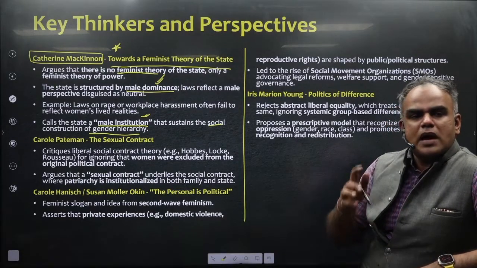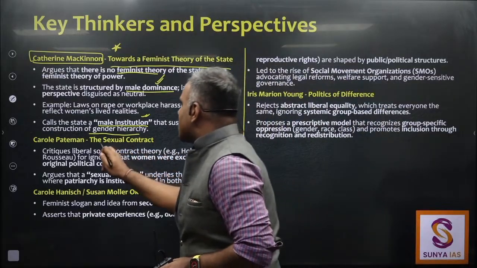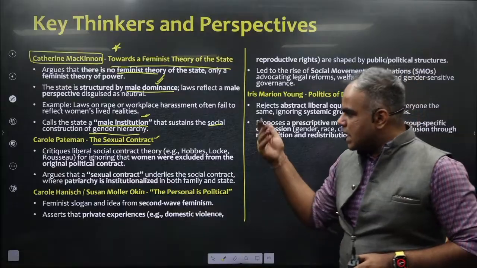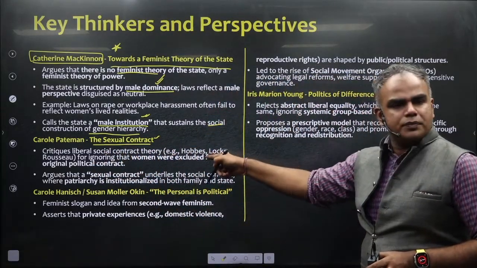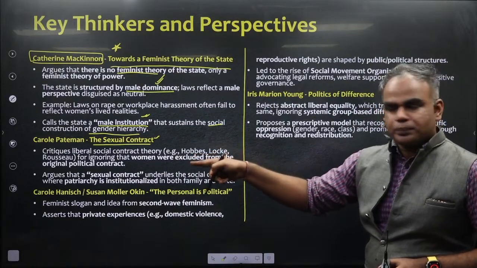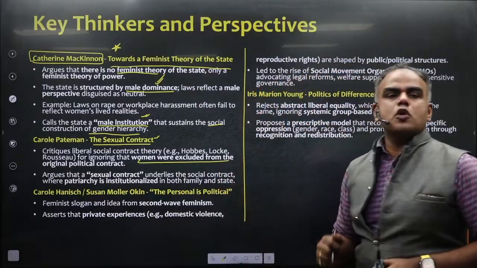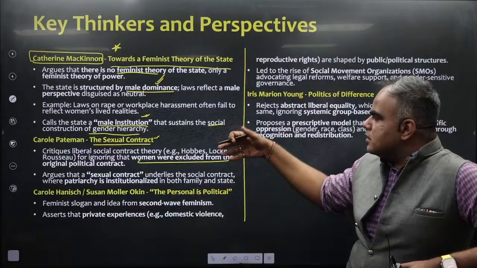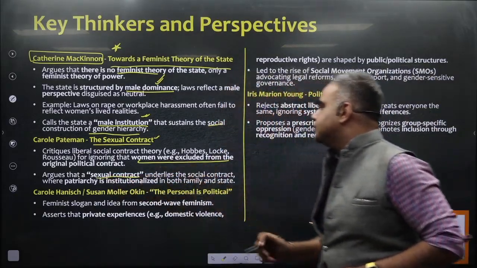Then you have heard about the social contract. Here, Carol Pateman talks about the sexual contract, and it criticizes the liberal social contract. We just saw Hobbes, Locke and Rousseau, ignoring that women were excluded from the original contract. So this is why Carol Pateman says that you have to have a sexual contract.